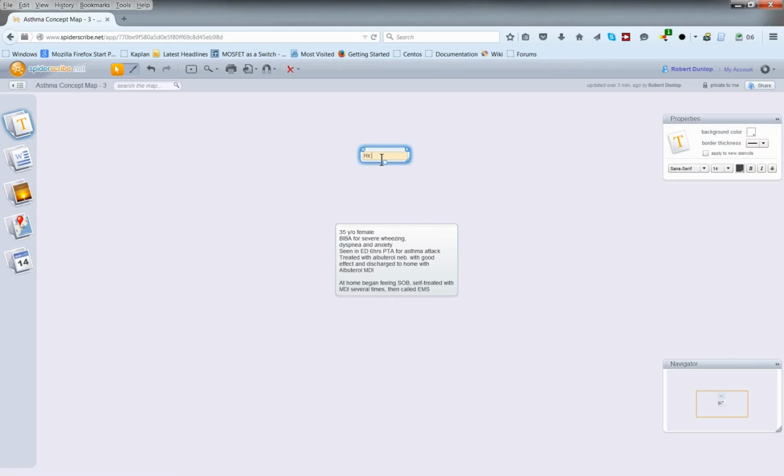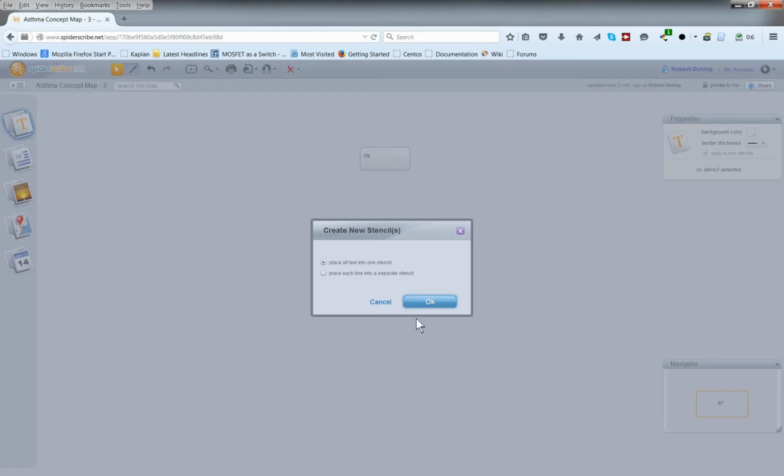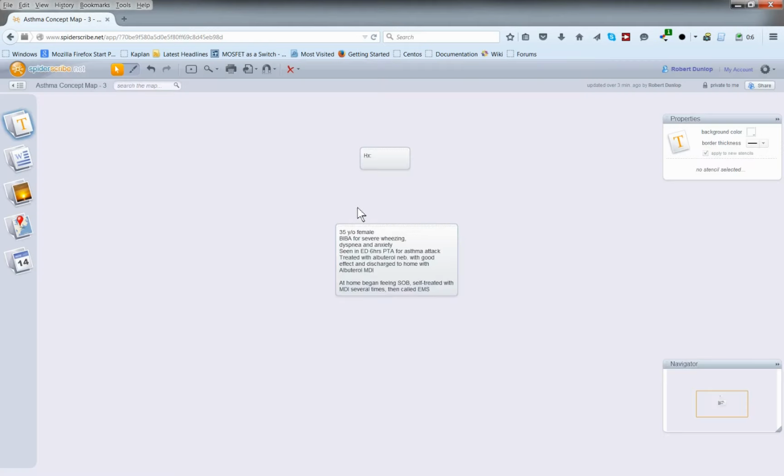All right, history. And I'm just going to paste in what I grabbed earlier. There we are. Two-year prior history of asthma, currently on no medications, and no PCP.